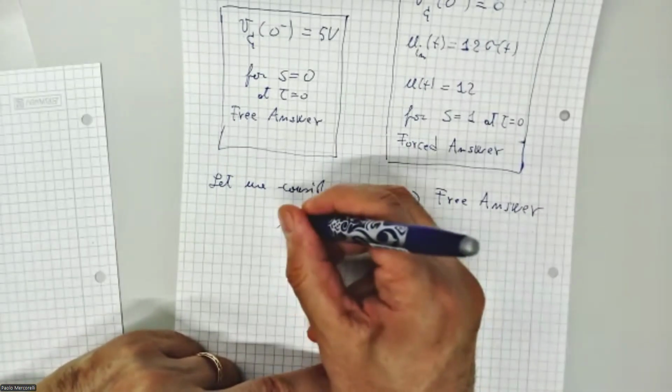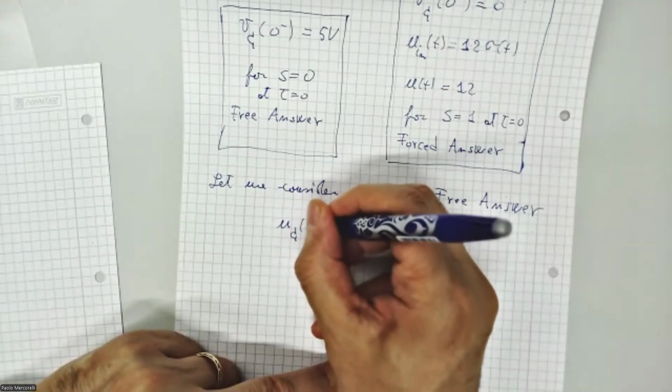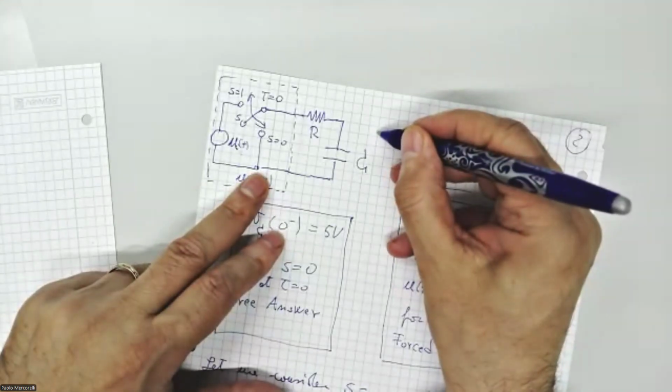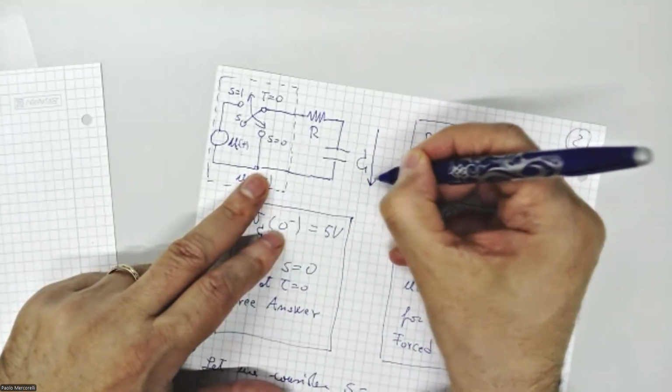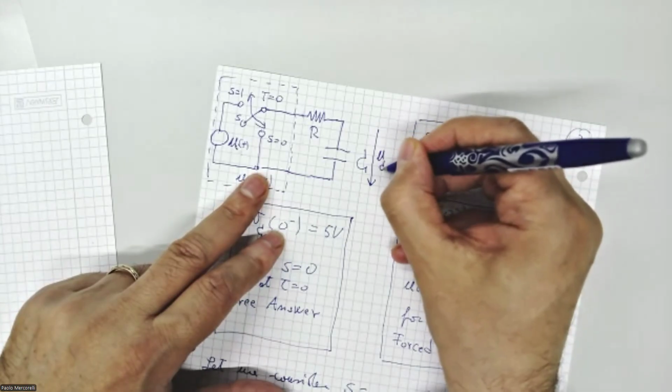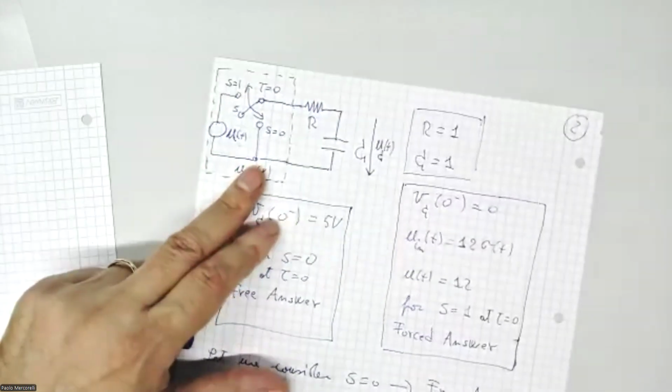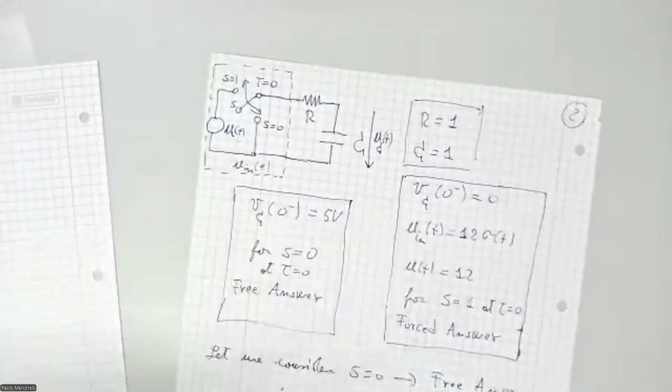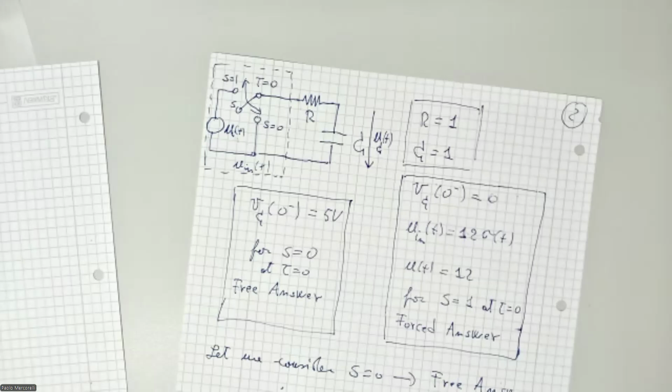This means the derivative of UC of t. Let me write here what UC of t is. The state, again, the energy is characterized by the electrostatic energy. Basically, we did this also before.